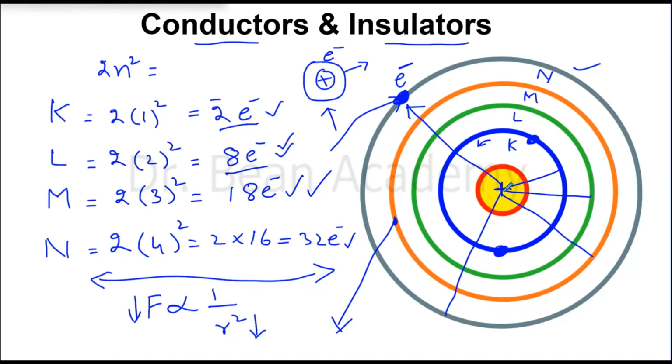And if I want to snatch it from the nucleus, I need a certain energy to kick it out of that force. It means every electron has a certain energy level. For example, an electron in the first shell has a certain energy, suppose E1. This is the energy I need to take it out of this orbit.